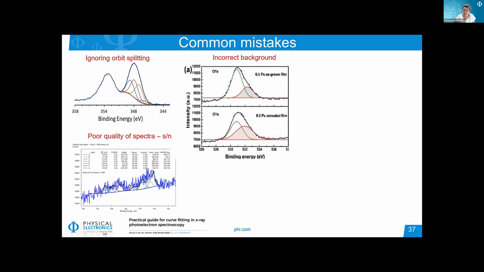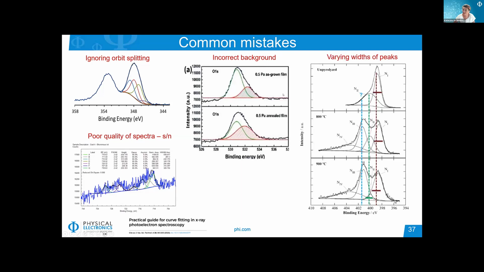Here's an example of incorrect background. We are losing some intensity by choosing endpoints incorrectly. Now, probably the most common one is varying widths of the peaks. Here's an example of curve fitting nitrogen 1s, where you assume the chemistry that you begin with, and then you do some treatments, and then you derive conclusions, but you derive conclusions by having peaks that are almost 3 times different in width.